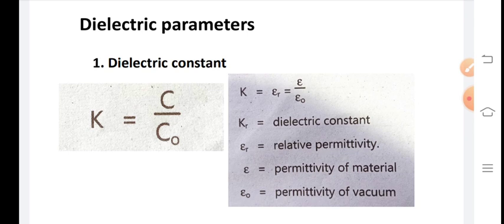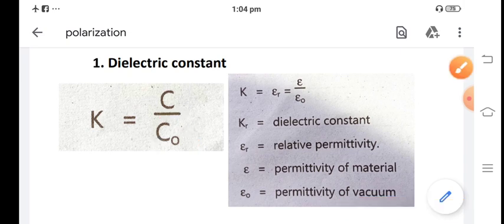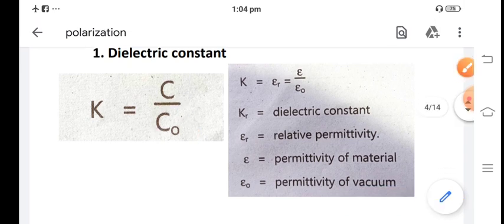It is observed that the storing capacity of a capacitor, as we know that a capacitor is used to store electric charge, increases if the space between its plates is filled with dielectric material. Suppose C0 is the capacitance of the capacitor in vacuum, and C is the capacitance of the capacitor when the space between the two plates is filled with the dielectric material.